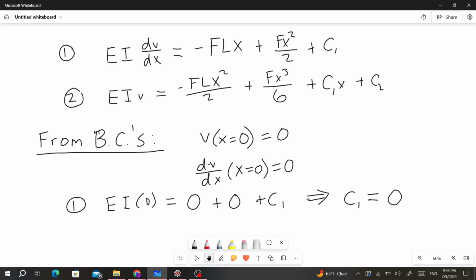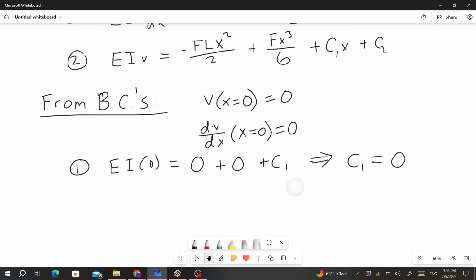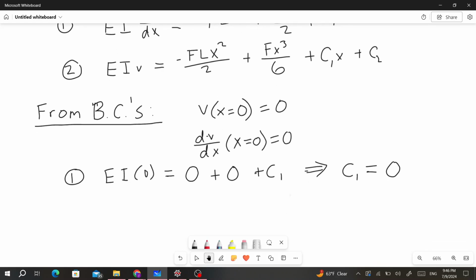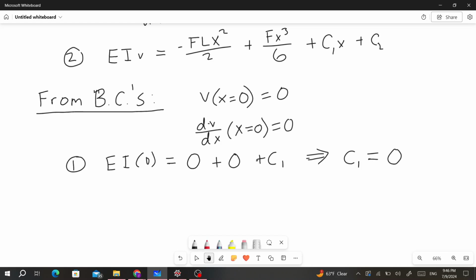Now we're going to plug in the boundary condition that says v equals 0 when x equals 0. We're going to use that in equation 2, and we're also going to use that c1 is equal to 0. This is just like you do in calculus. Our boundary condition says that v is equal to 0 when x is 0, so it's EI times 0.